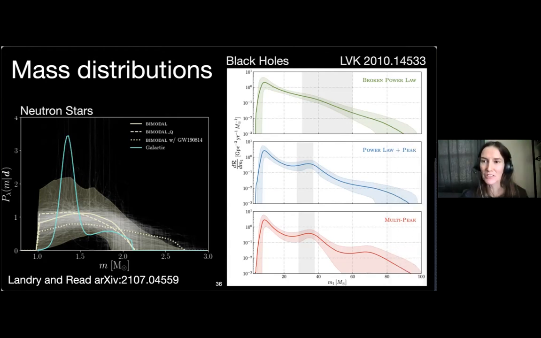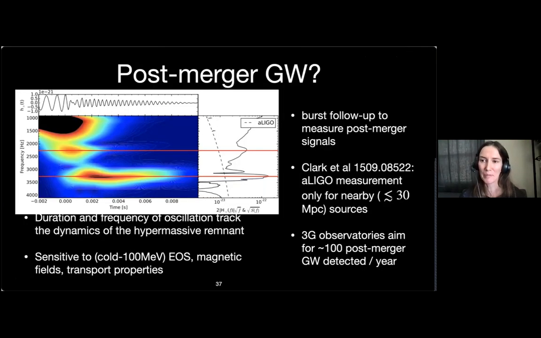One thing I haven't mentioned so far with the analysis based on in-spiral signals is that we also have a possibility of recording that post-merger oscillation pattern.